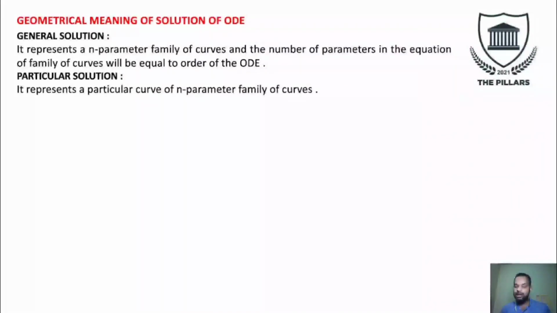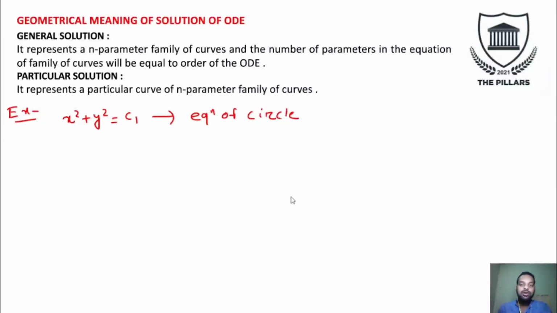Let's take an example. Let's say I got a solution in the form x squared plus y squared equals c1. Generally you would say this is the equation of a circle with its origin at 0, 0 and radius equal to the square root of c1.